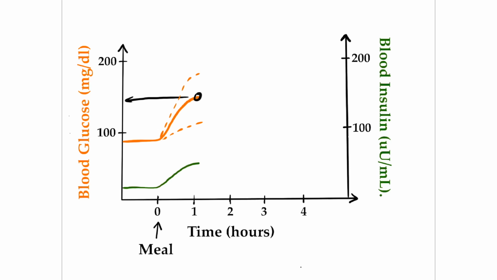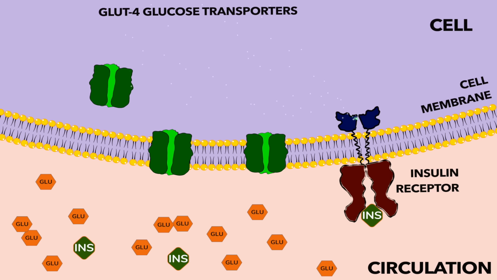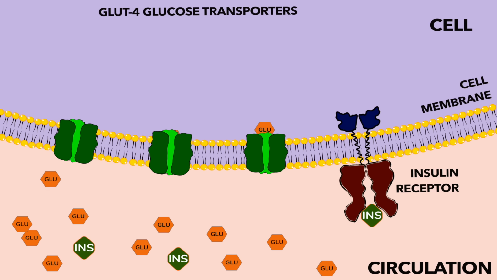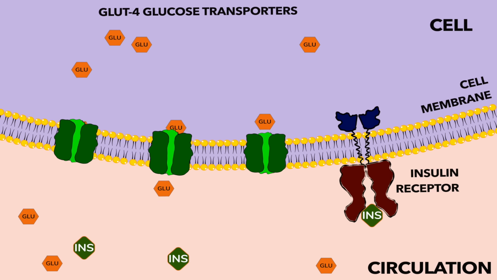In liver, muscle, and fat tissue, insulin binds to the insulin receptor on the surface of cells, and that causes a specific glucose transporting molecule called GLUT4 to be transported to the cell membrane. Glucose can then enter these cells from the blood through this GLUT4 transporter.